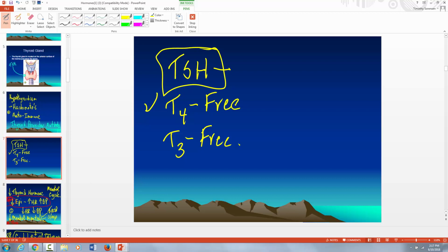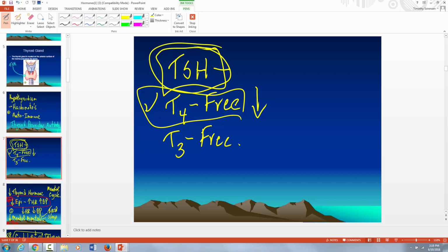If you tell your kid to clean its room, so if TSH tells the thyroid gland to produce T4 and it does it, then you don't have to release any more thyroid hormone. You don't have to tell the kid again. They did it. So in hypothyroidism, you will have low T4, low T3, and you will have an elevated TSH.